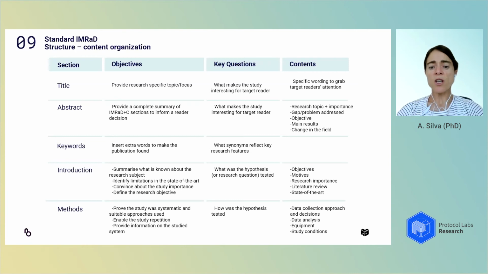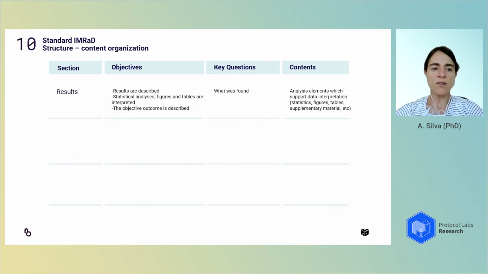The key question is, how was the hypothesis tested? And the contents are, anything is valid pretty much. Equipment, data analysis, data collection approach, study conditions, it really depends on the field. But it's pretty much how you set yourself to collect evidence.